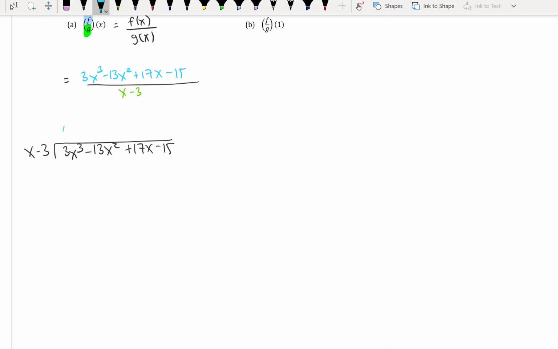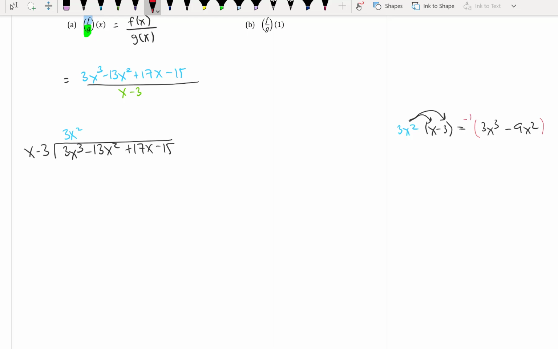I tend to write a little big, and that's okay. So when I do the division, I'm going to have a 3x squared. 3x squared times my x minus 3 is going to give me 3x cubed minus 9x squared.